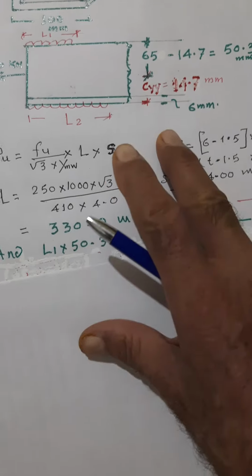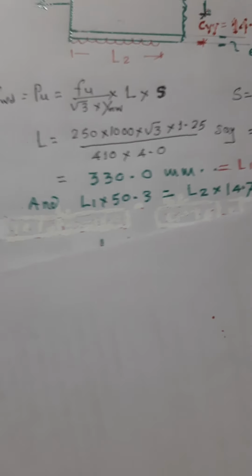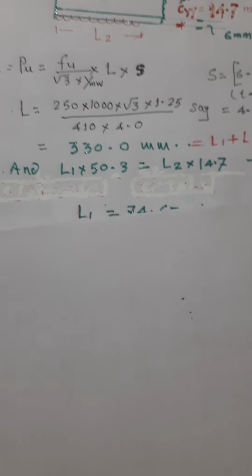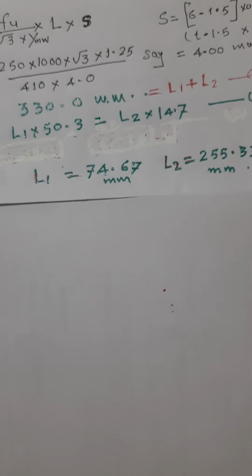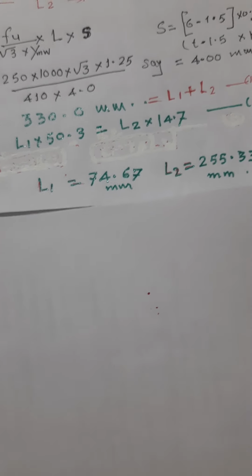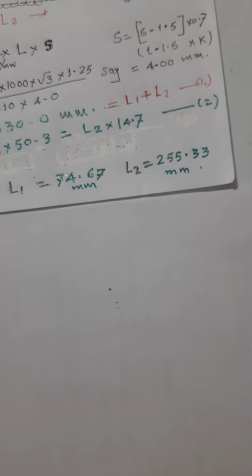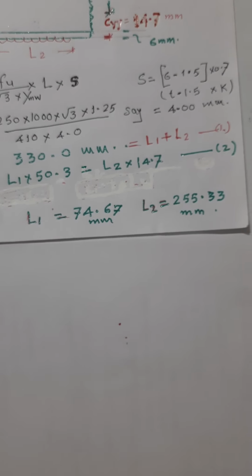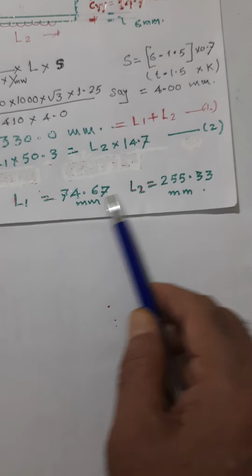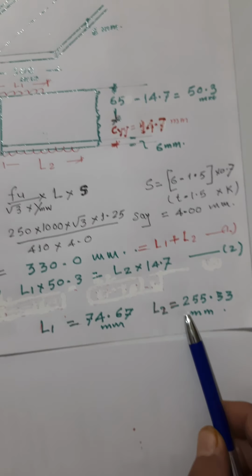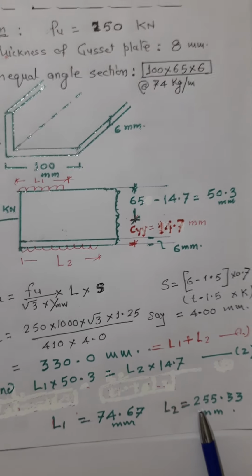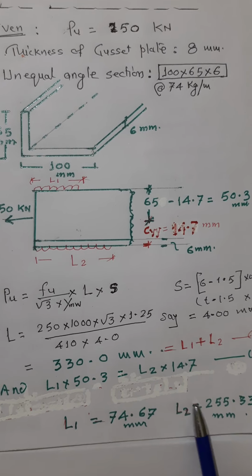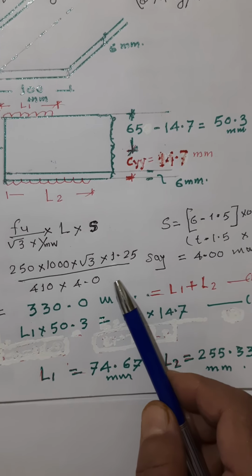We find that L1 and L2 come out to be 74.67 and 255.33. If we add L1 and L2, we get the total length of the welding, 330 mm, which we have already calculated.